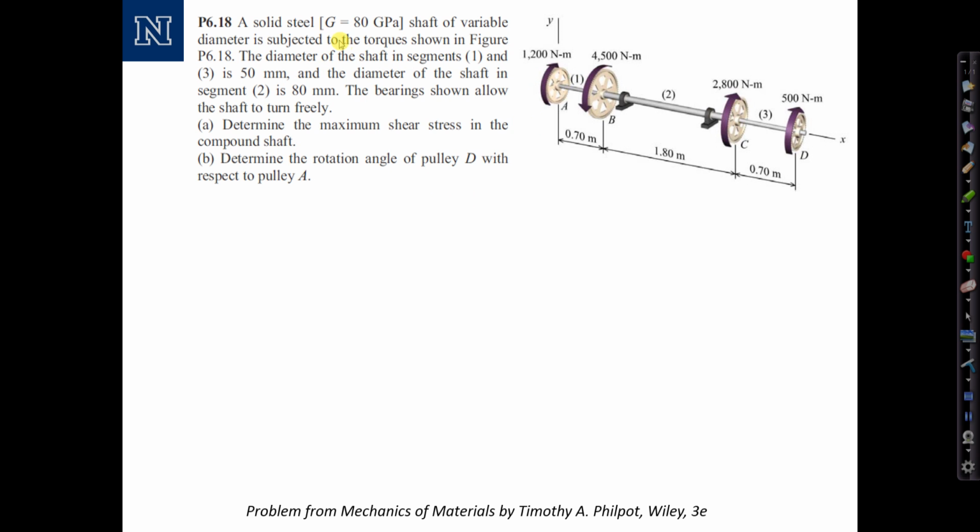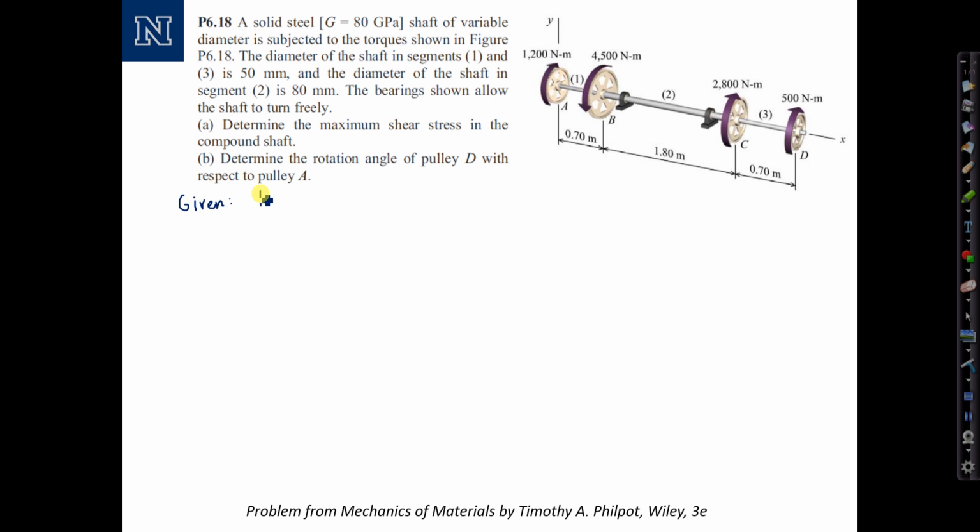Okay, and the problem reads: a solid steel shaft of variable diameter is subjected to the torques shown in figure 6.18. The diameter of the shaft in segments 1 and 3 is 50 millimeters, and the diameter of the shaft in segment 2 is 80 millimeters. Let's go ahead and write that down as part of our given.